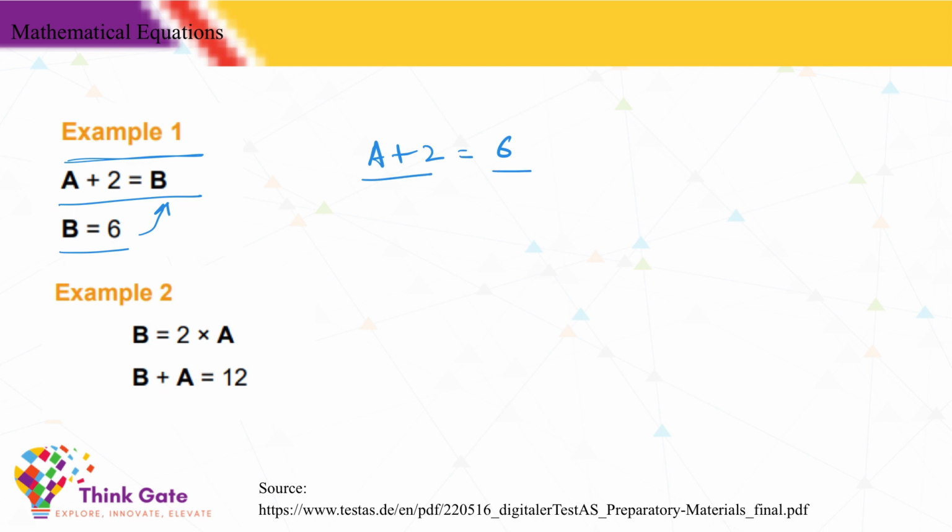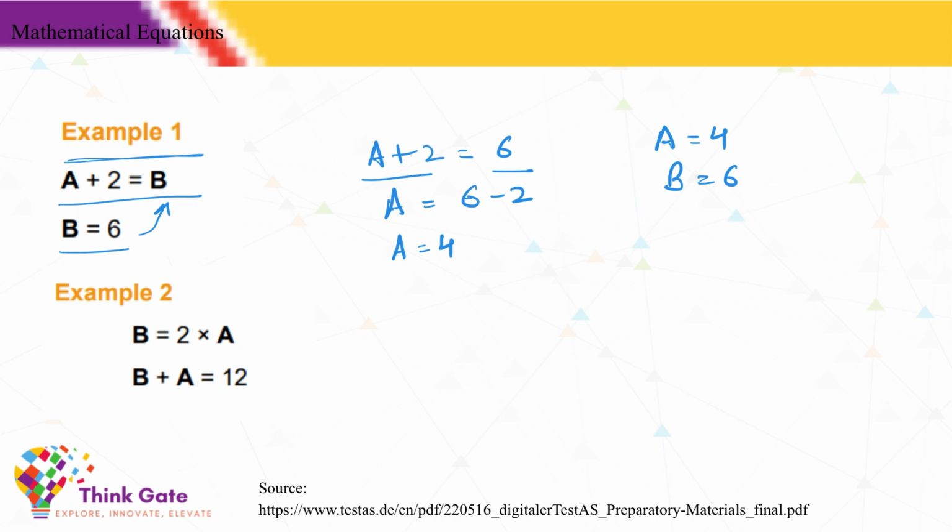To balance this equation, there is another way you can solve it in your mind: we can transfer this 2 to the opposite side and the sign will change. So the value of a should be 4 here. Our answer for this particular equation is a is equal to 4 and b is equal to 6.